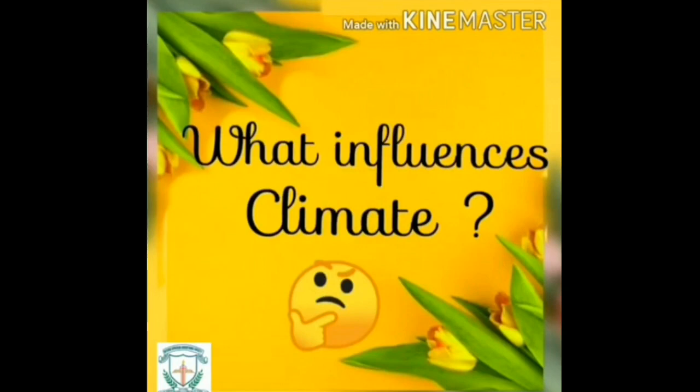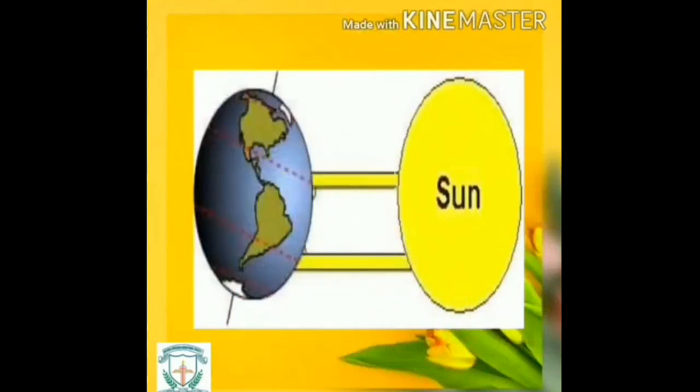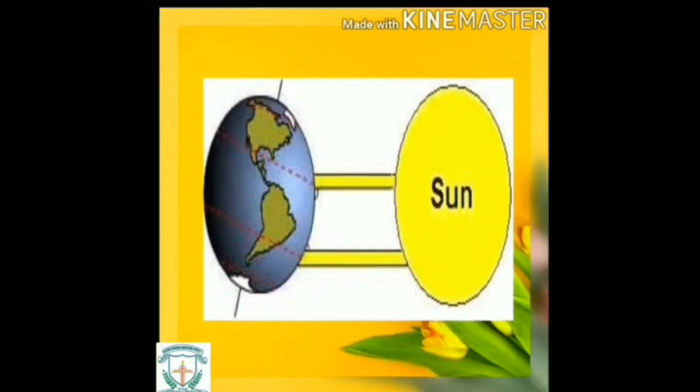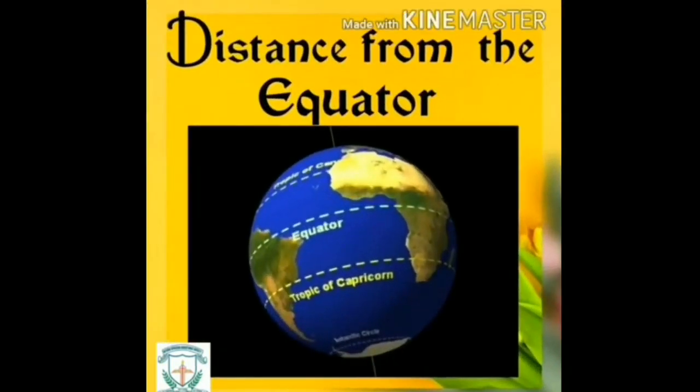What influences climate? Many factors influence the distribution of heat on Earth, thereby affecting the climate. Let's read about them. The first factor is distance from the equator.